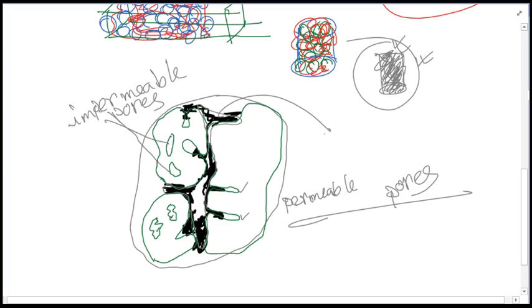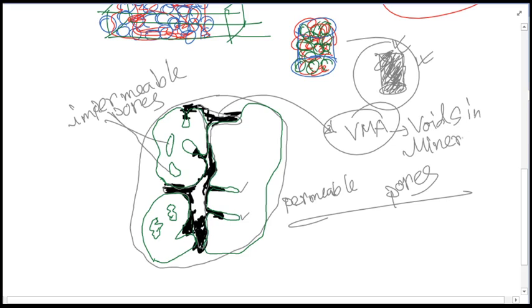This particular portion will be called the void in mineral aggregate. The total portion will be called voids in mineral aggregates, the total voids. For considering this, let's consider no bitumen is there. If no bitumen is there, the total volume will be called the VMA.